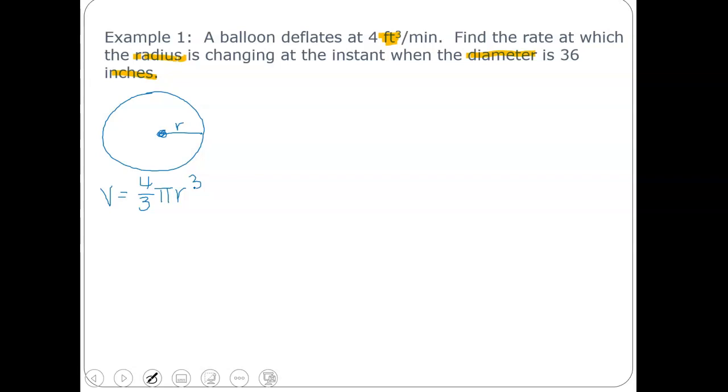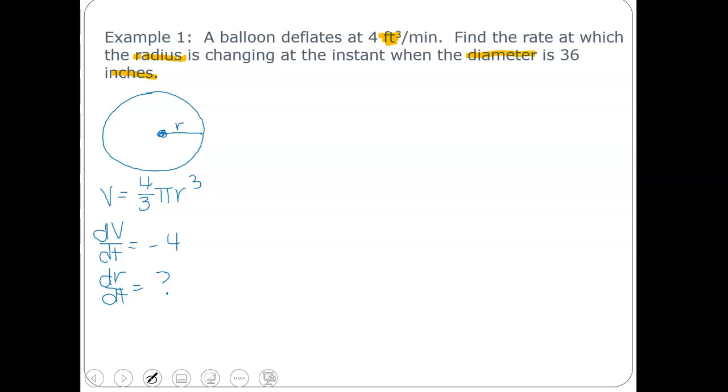We are given dV/dt, and it's -4. We are looking for dr/dt. That's my unknown.